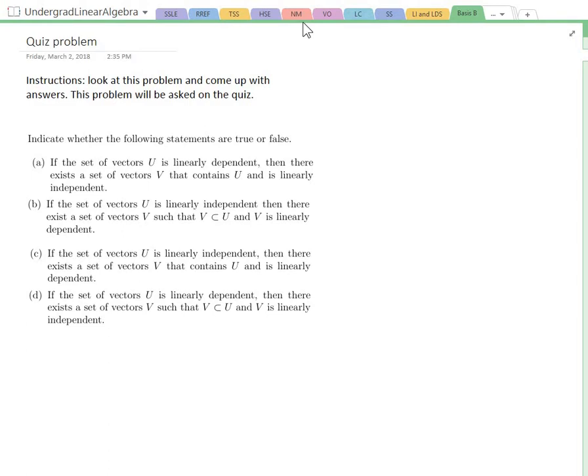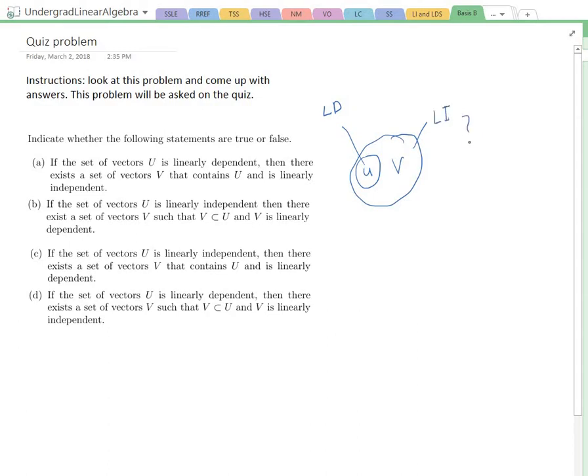Think about what this means. In part A, v contains u, so u is the smaller one and v is the bigger one. And here we're saying that u is linearly dependent and v is linearly independent. So the question is, is that possible?